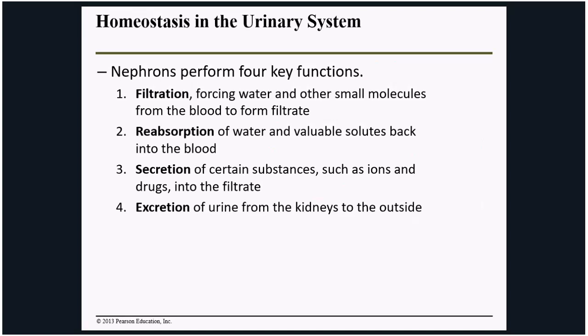If we just ended there, and then that filtrate was excreted from your body as urine, we would dehydrate very quickly. We would lose all kinds of salts and minerals and things that we actually need in our body. So some other steps have to happen. Number 1, filtration happens. As it flows through the nephron, these other 2 things happen.